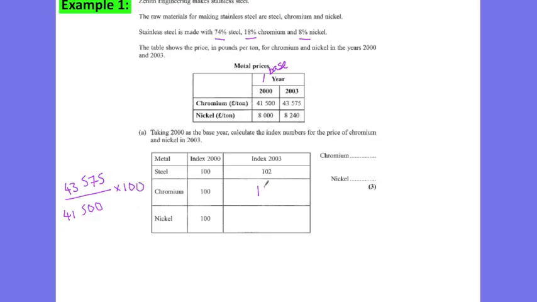Our index value is 105. For nickel here, we take the price in 2003, the new value, 8,240. We divide it by the base year value, 8,000, and we times by 100 to find the index value of 103.